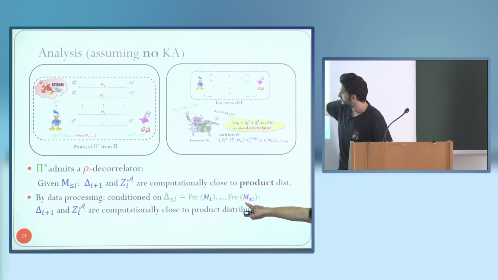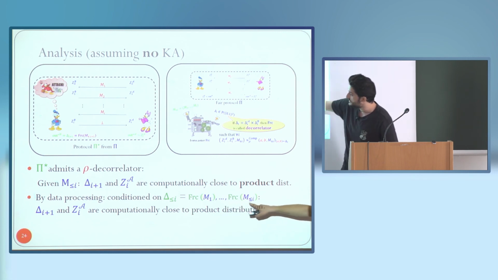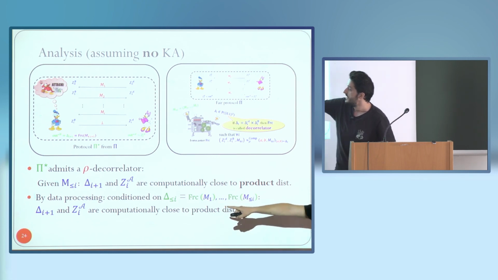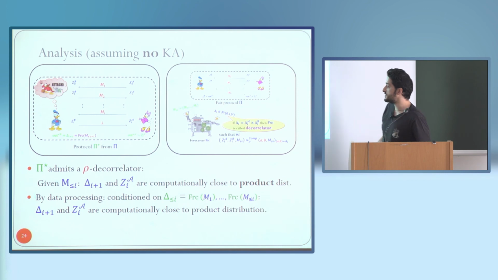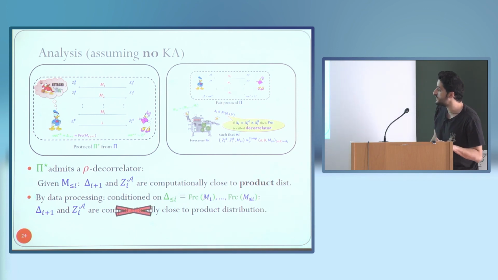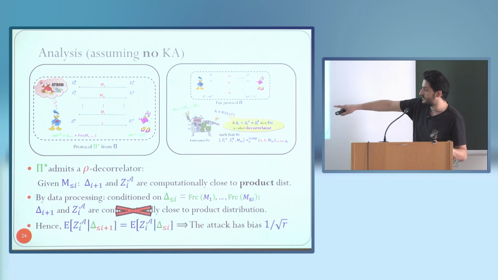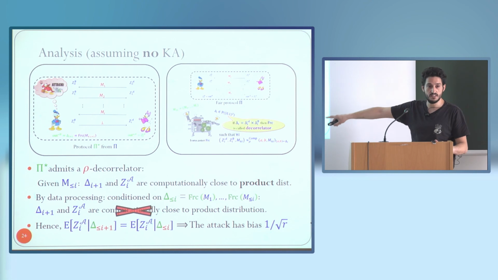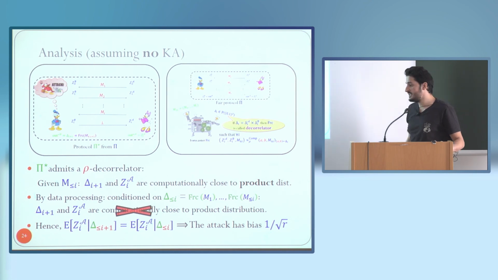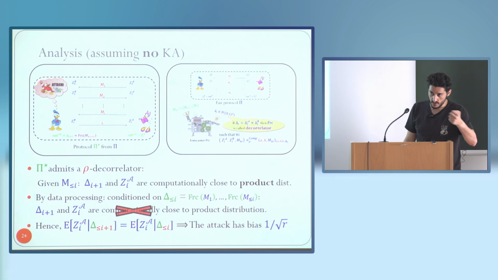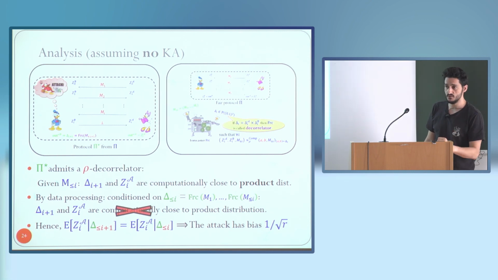These are a constant number of values of a constant number of bits, which means that these values are not just computationally close conditioned on the forecasted values. They are actually close in a statistical sense, which means that we get our magic equation, which yields a 1 over square root of r bias if the protocol admits a decorrelator, or in other words, the protocol does not imply key agreement.